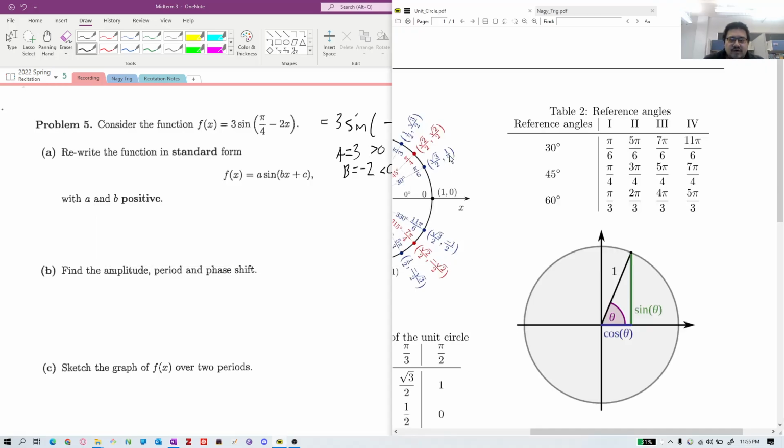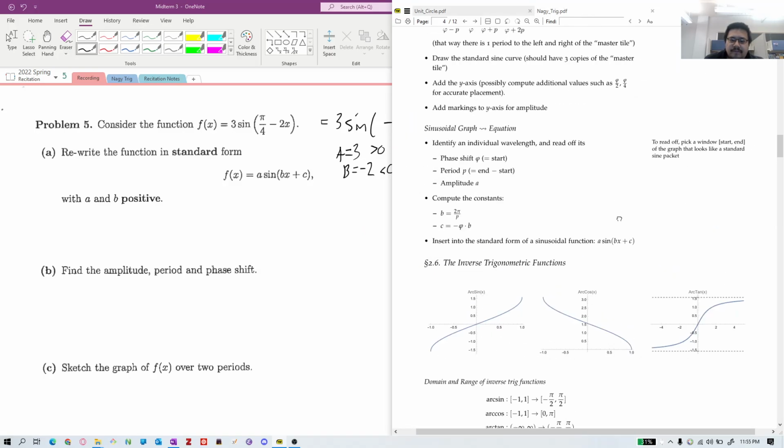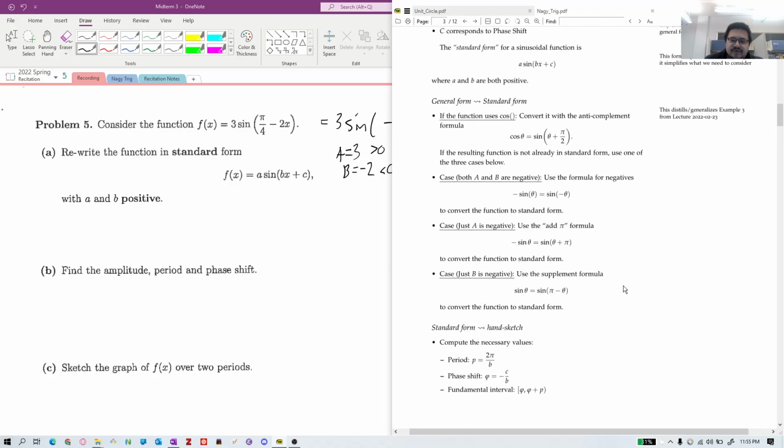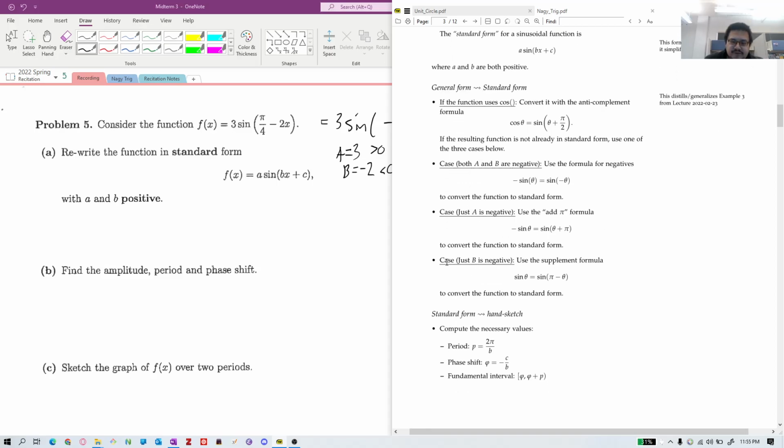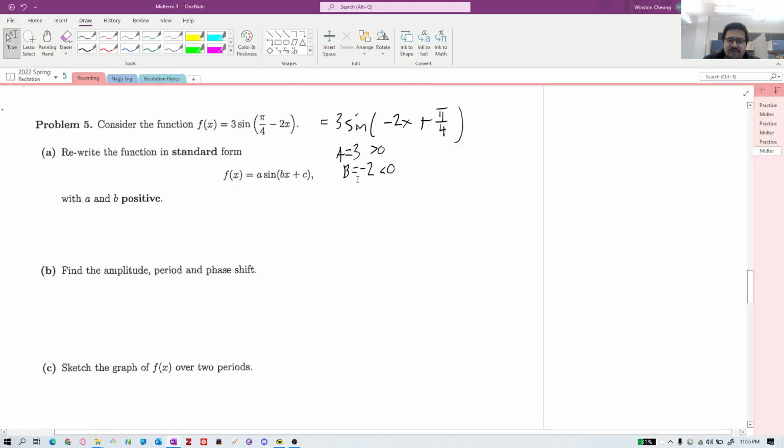Coming to the notes on how this works, that falls under the case where just B is negative. The notes tell us that we should use this formula to convert our trig function: sine of theta is equal to sine of pi minus theta.